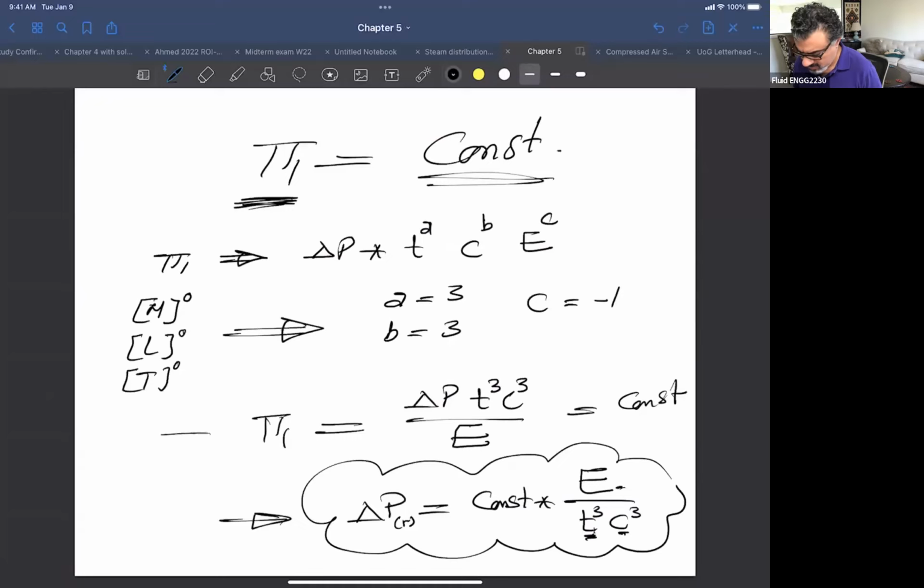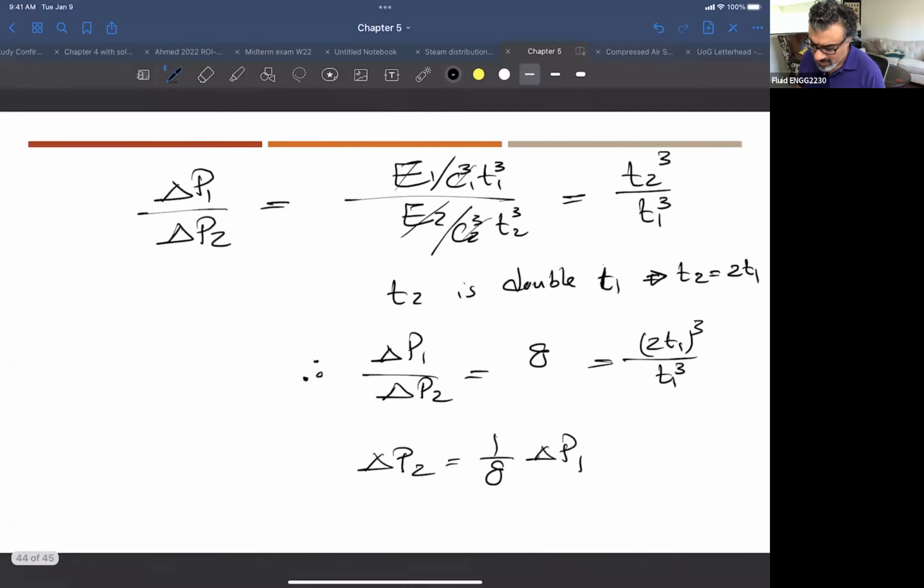Looking at this? Yeah. Pi is constant, so you can say that. That's fine. For this problem it is straightforward because the other parameters are constant, but for other problems you really have to go step by step like this, making sure that you are satisfying every change in the problem.